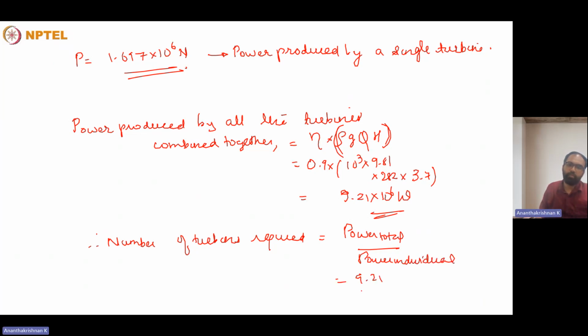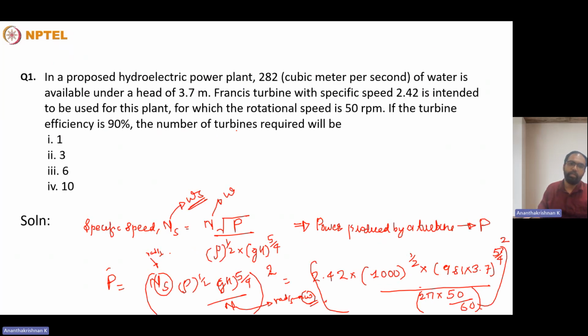So that is 9.21 divided by 1.697. So that will come to be around 5.42. If you round it out, that will come now to be 6. So the number of turbines required is 6.